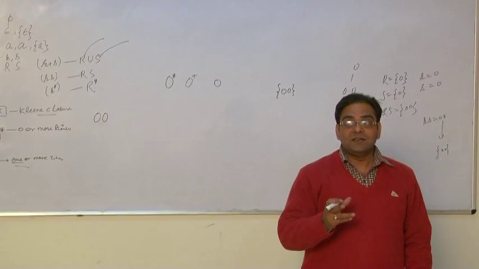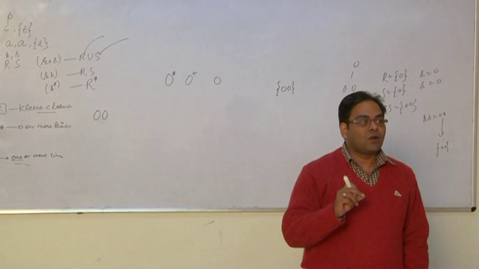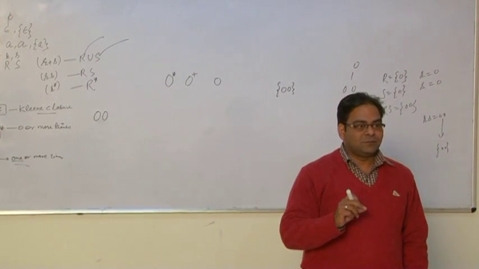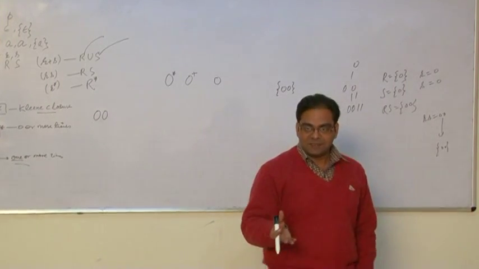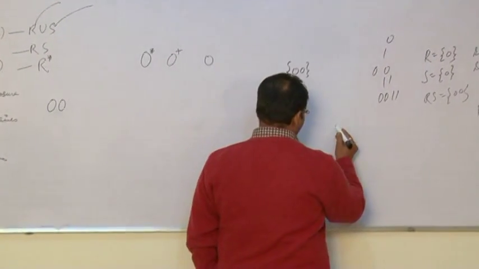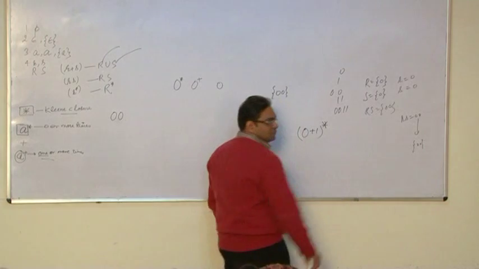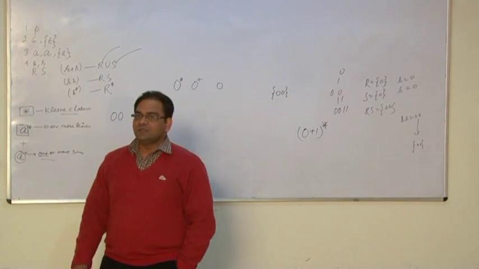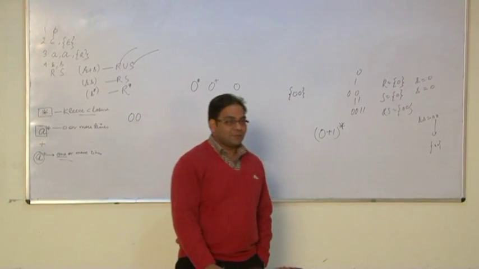So what is the symbol that is used for or? Union. So what symbol will come? Plus. For what input symbol? 0 plus 1. Then asterisk. 0 or 1 in any order, any number of times.